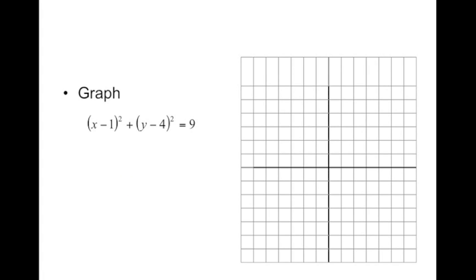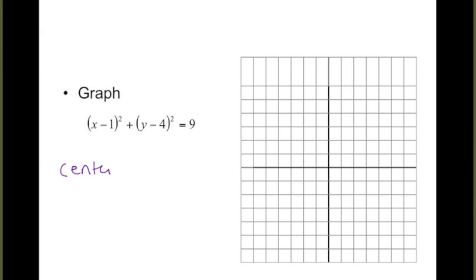For this one, this is a circle again. It has the same format as the last one. Where's our center going to be? 1, 4. Opposites of the numbers in the parentheses. The other important feature of a circle is the radius. And the radius for this one is going to be 3. Our equation is equals r squared.